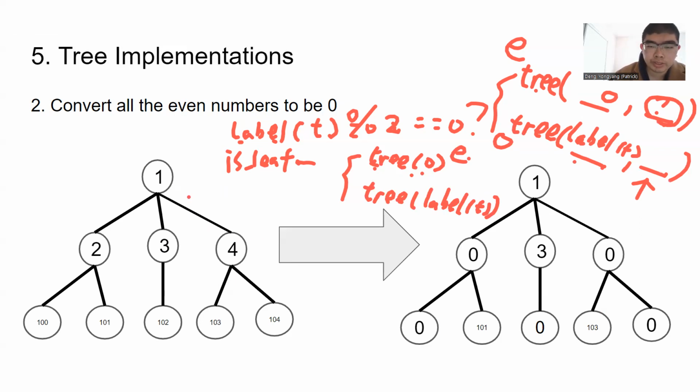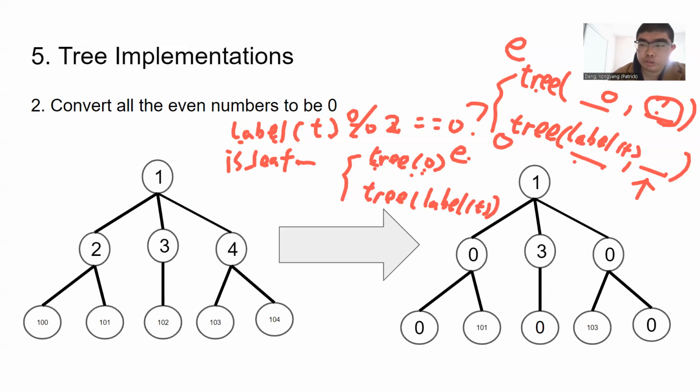So the base case is like we have to check label of t. I think we have to check if that is a leaf first. If that's a leaf, then we'll check if that's odd or even. Yeah, and then you will return the leaves.